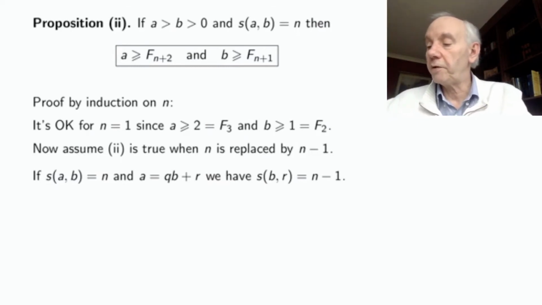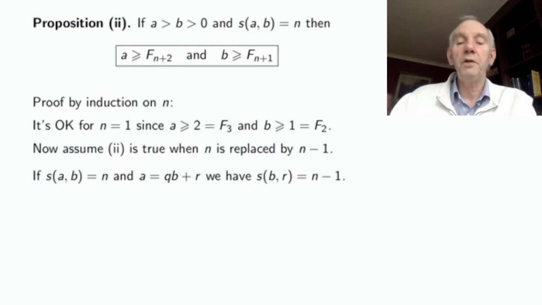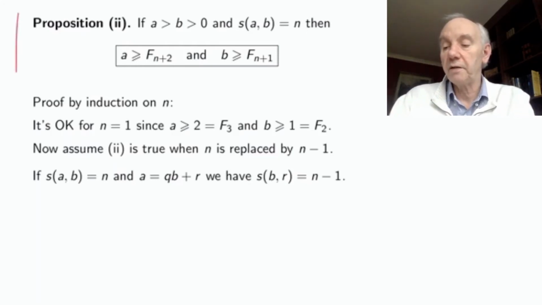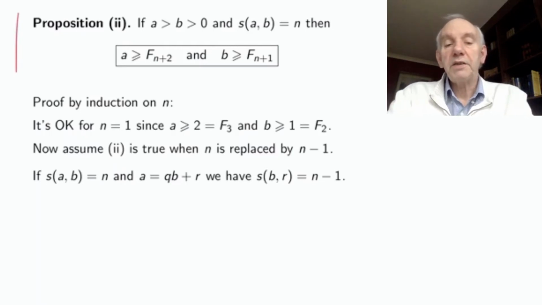Now let's look at a general step. What I want to do now, as usual, is to assume that this result is true. We want to prove this result literally as it's written for this value of n. But let's suppose that the same result is true when n is replaced by n minus 1.